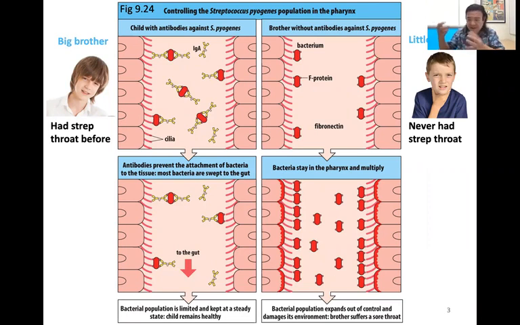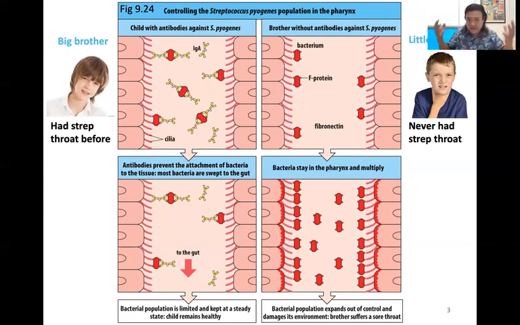So bits and pieces of the bacteria are presented by professional antigen presenting cells in brother's body. And so in places like the lymph nodes, where he has some of these memory B cells, they get stimulated again, right? And they wake up and right away, they start things going again, right?